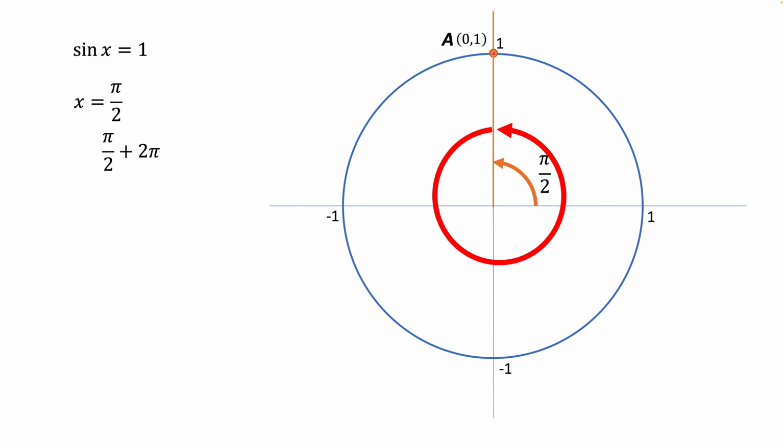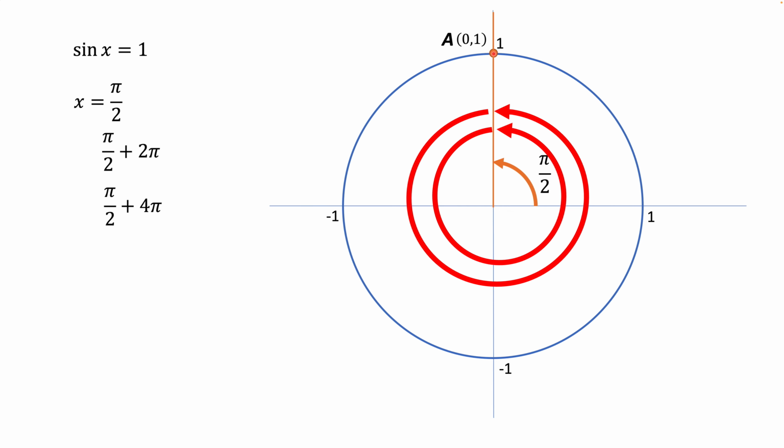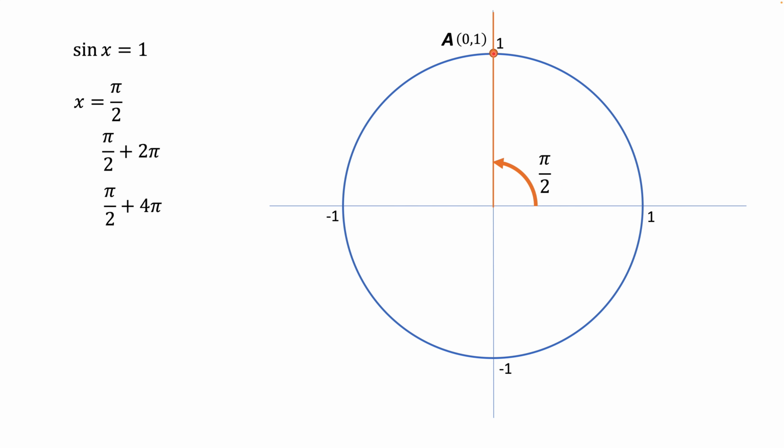So obviously, if x is pi over 2 plus 2 pi, sine is still 1. What if I do another circle? I get 4 pi. Well, again, I'm getting to the same point. Sine is still 1.